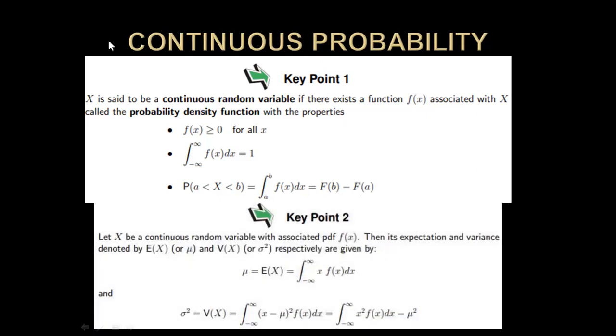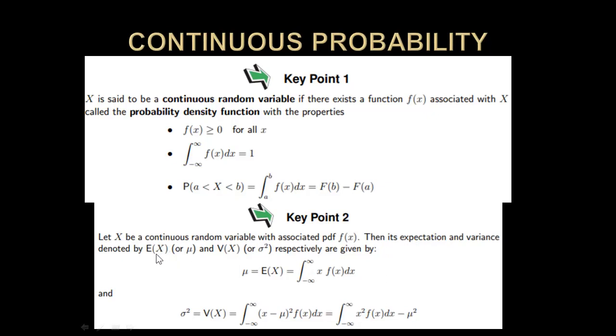So the second key point for a continuous probability: let x be a continuous random variable with associated PDF. PDF stands for probability density function, f of x. Then its expectation and variance are denoted by E of x. When we say E of x, that is the expected value, or mu.